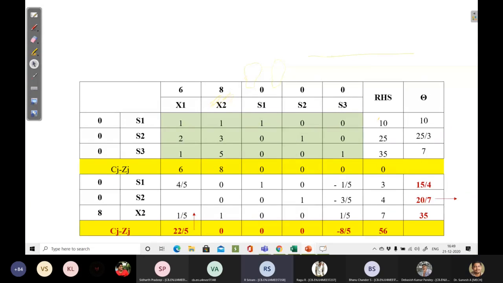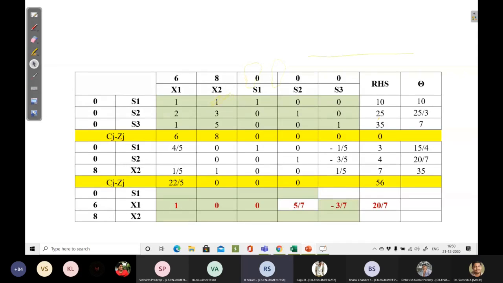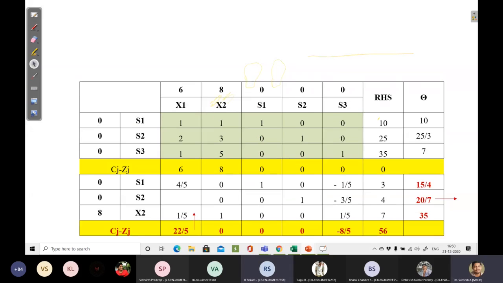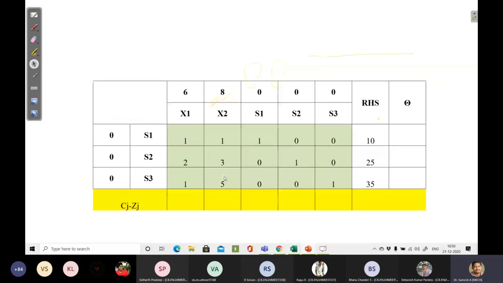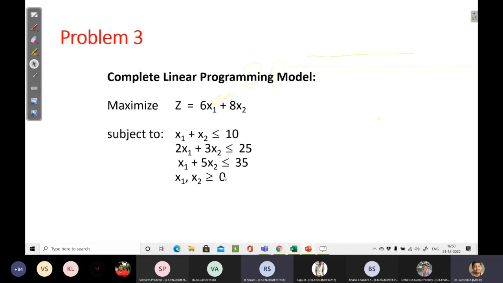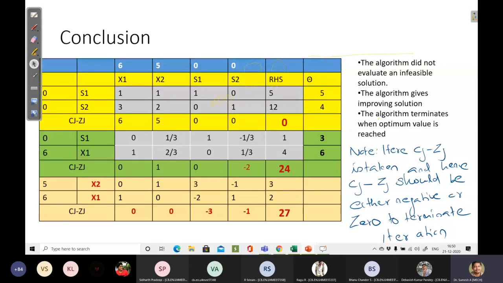The previous problem, second iteration, sir. So third iteration, problem 2. This was our homework question, sir.